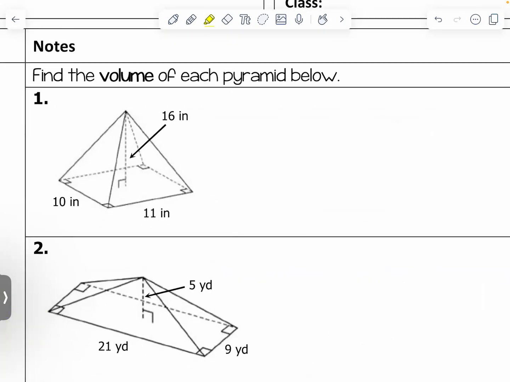What kind of figure is number 1? It's a pyramid. It's not a triangular pyramid. Square-ular. Square pyramid. Actually, it's not square. It's rectangular.